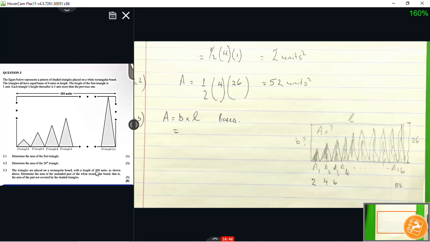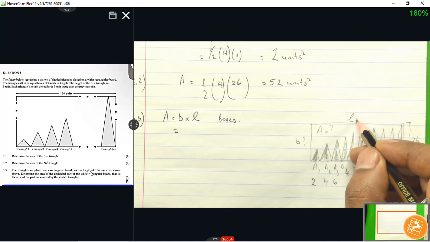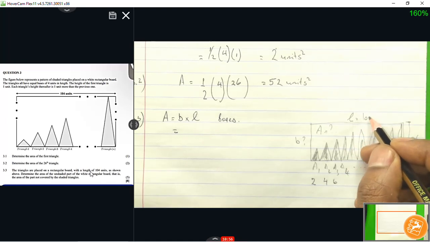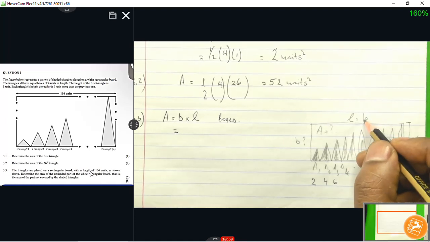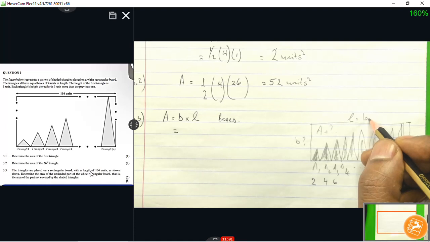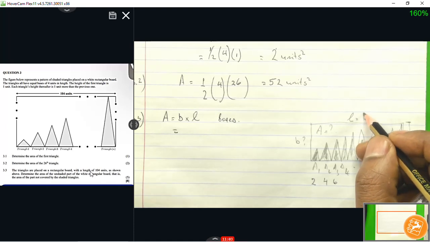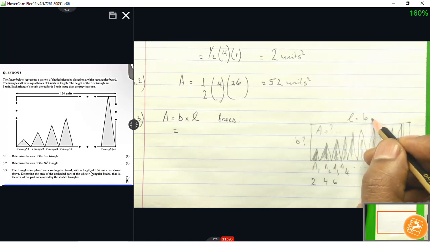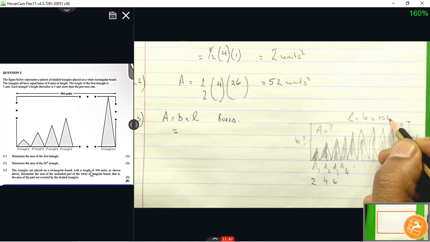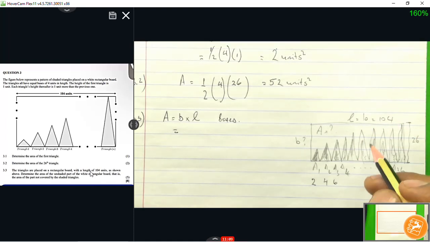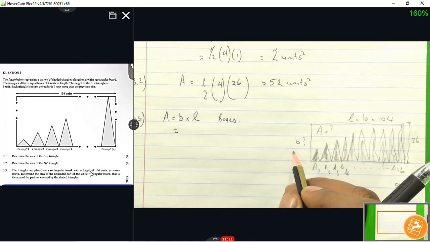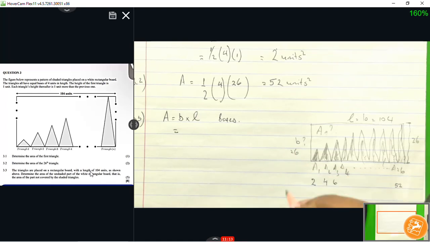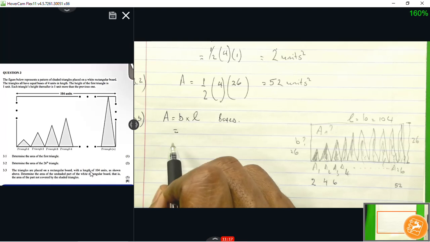They say I've placed the triangles on a board that is 104. Look at that, I'm writing L again. Okay, my length is 104 and my breadth is 26, and this is the area of a rectangle.